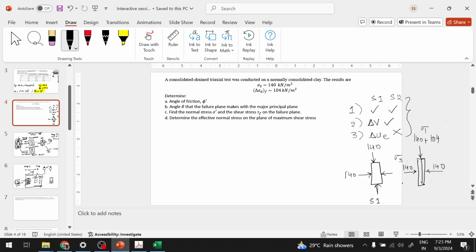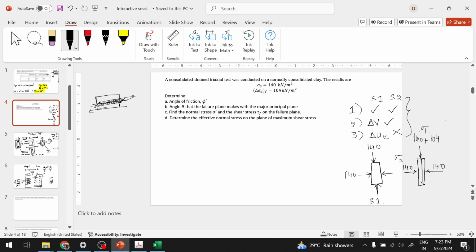Another thing about the triaxial test is that we are not predetermining any failure plane. In the direct shear test, what we did was we took this box and we filled a sample in it and we sheared it along this plane. That is, we told the sample itself that this is the plane along which you have to fail.